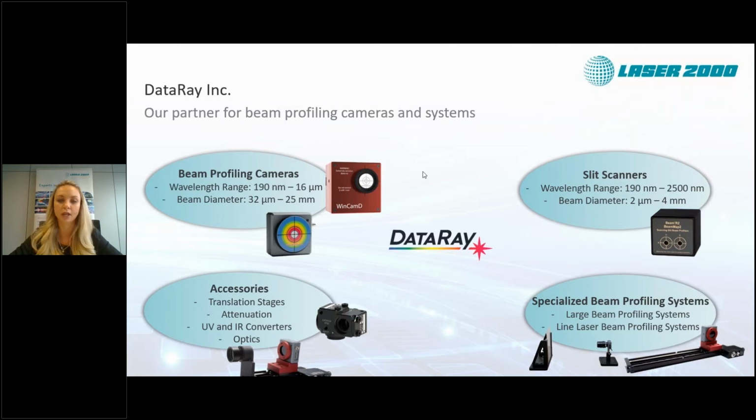Together with our cameras, we are able to provide a complete M-square measurement solution, and also our specialized beam profiling systems, for example, the line laser beam profiling system, which also contains a stage and a camera. With this system, for example, line lasers can be measured up to 1 meter.